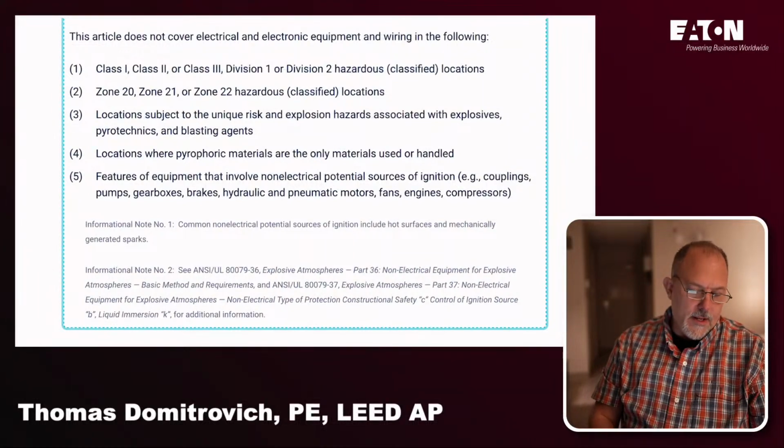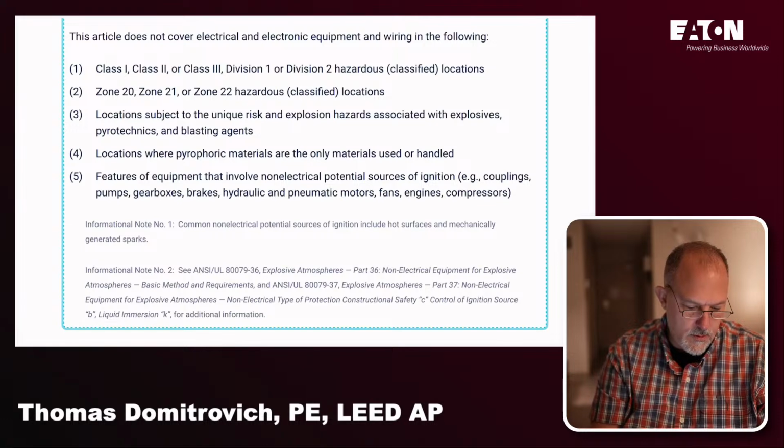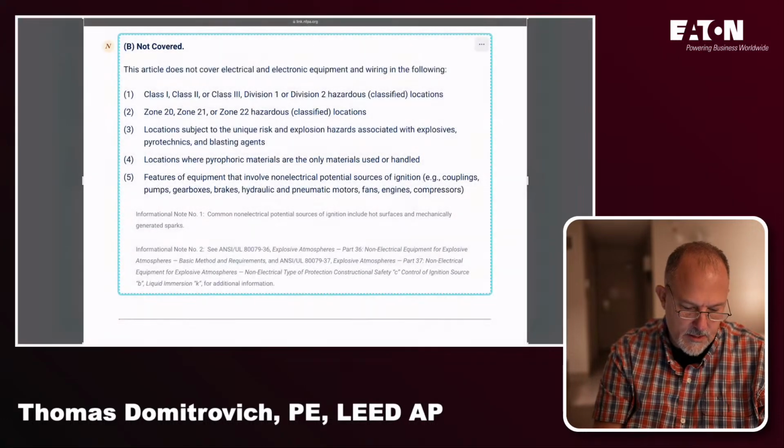Oh man, so 505.1(B), not covered. So 505 is your Zone 0, 1, and 2 locations. This article does not cover electrical, electronic equipment, and wiring in the following: Class 1, 2, or 3. Look at this.